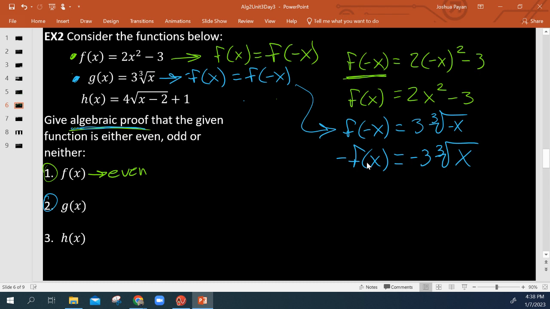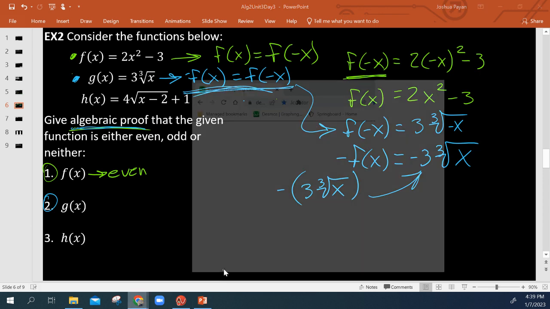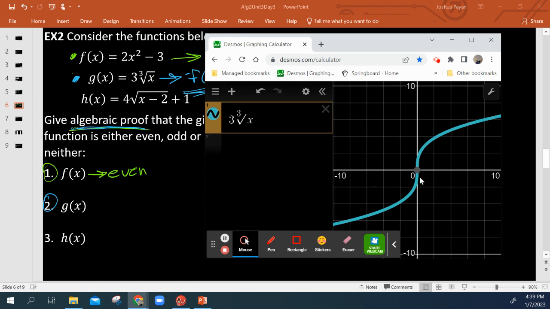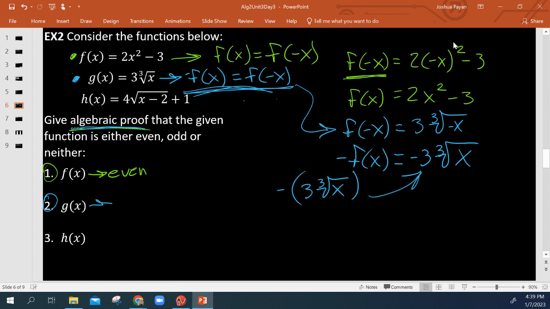Okay, so negative f of x would just be f of x multiplied by negative 1, which gives us exactly this. So because this is true, and of course because our geometry also tells us that we're symmetrical about the origin, we know this function must be odd.